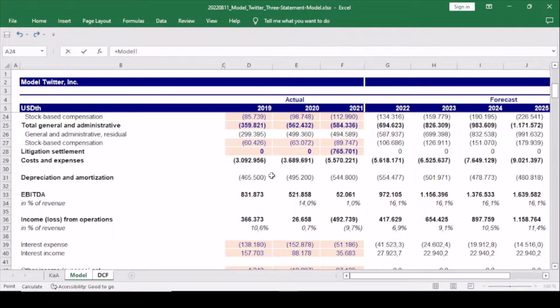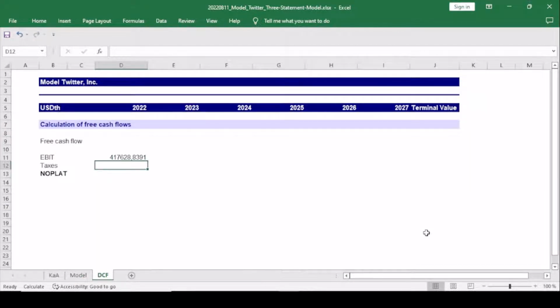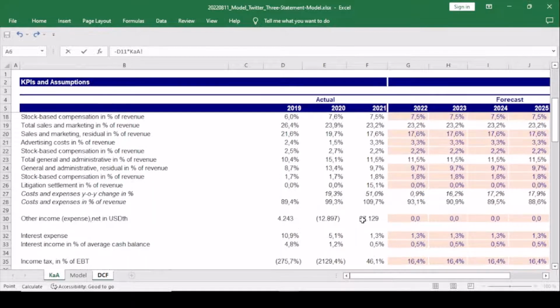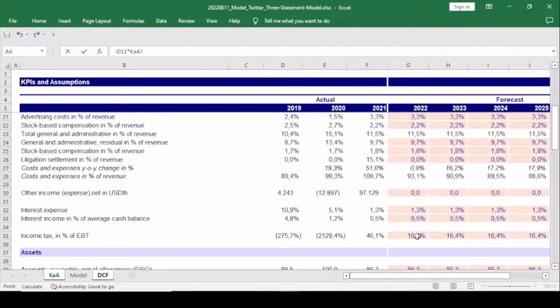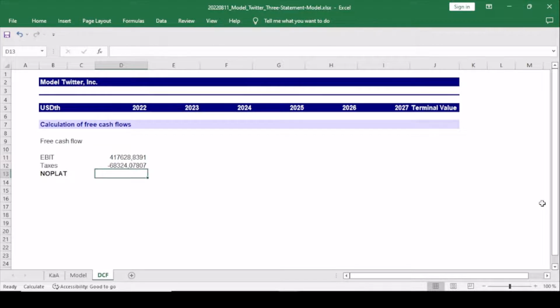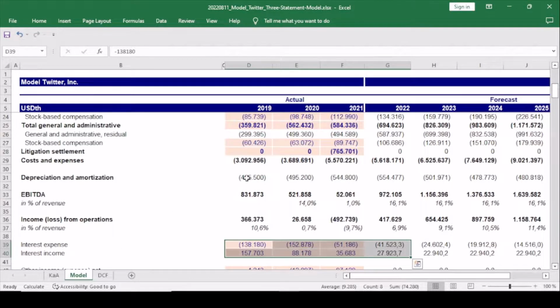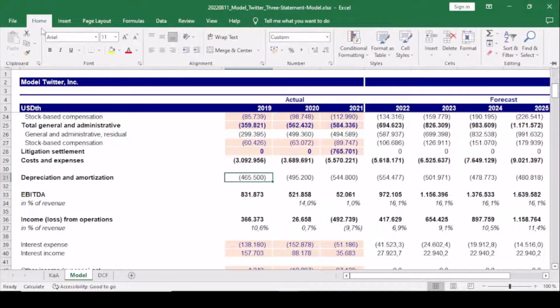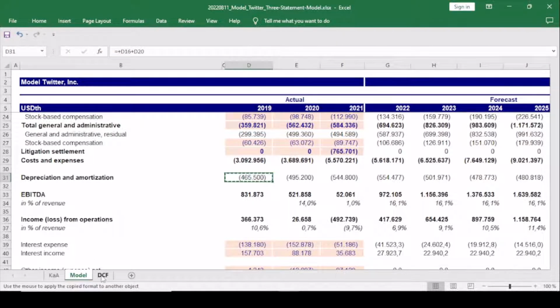We simply link the respective values from our model and assumption sheet to arrive at our NOPLAT.